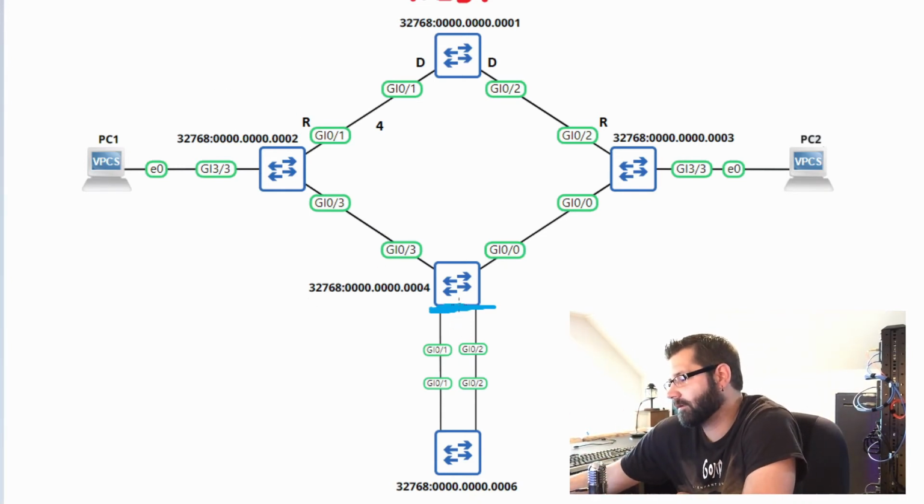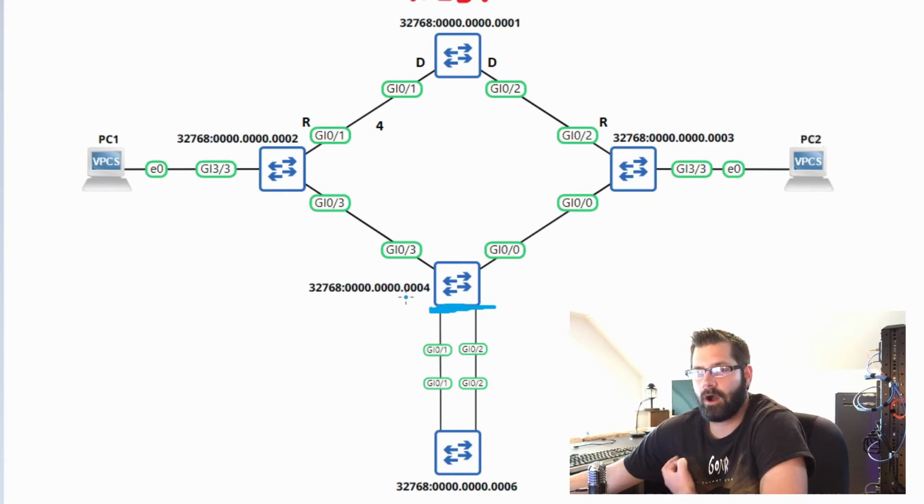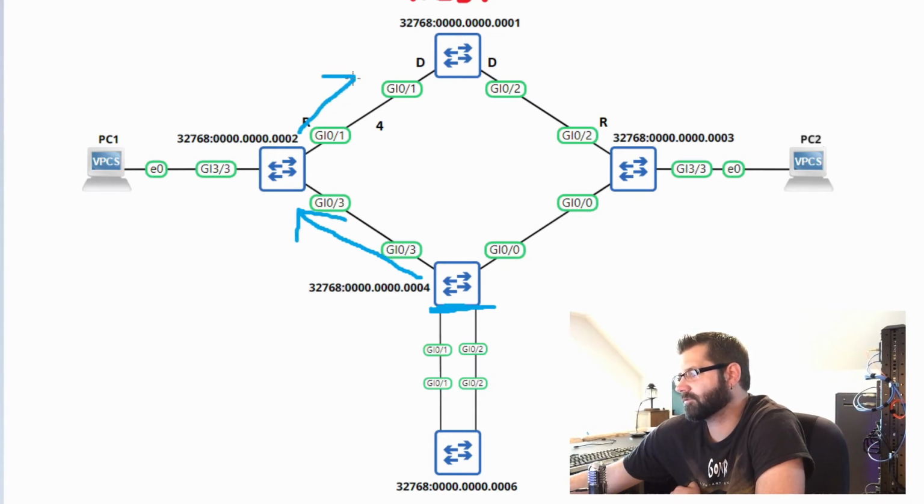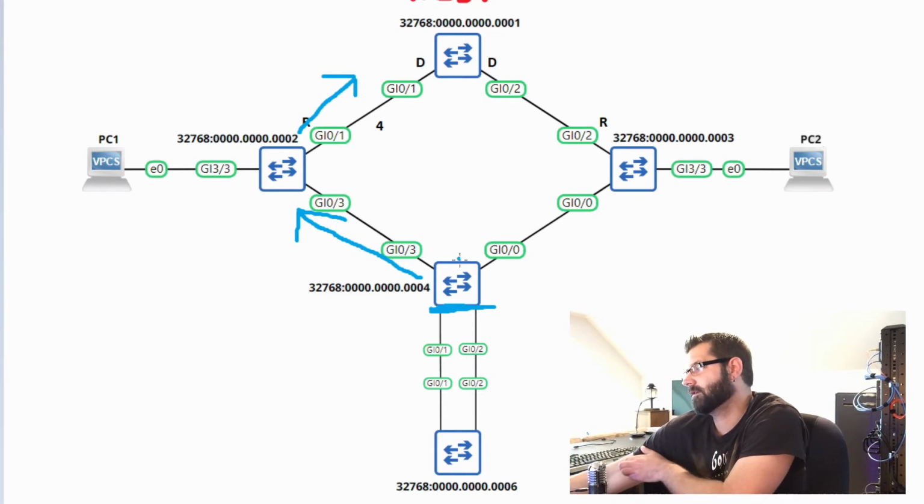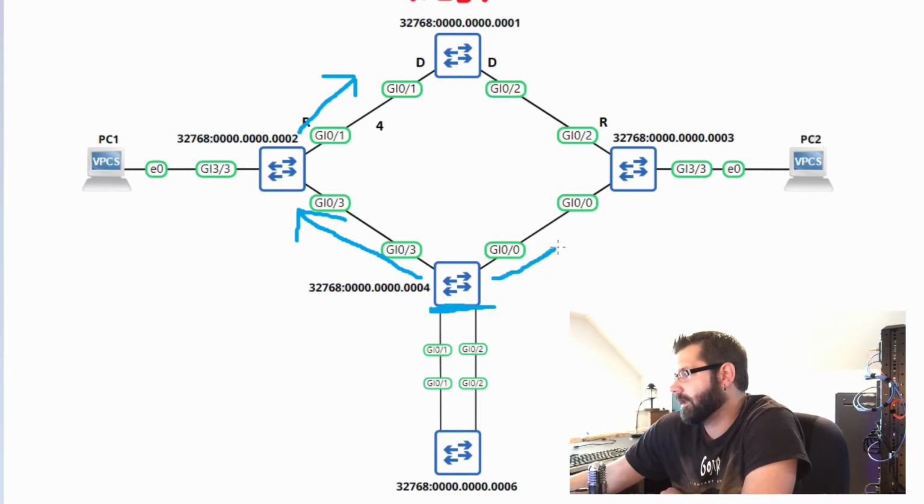Because if we look, the cost is going to be tied. If we go this way, out gig 0/3 and then out gig 0/1, it's going to be a cost of 8. And if we go this way, again, it's going to be a cost of 8.